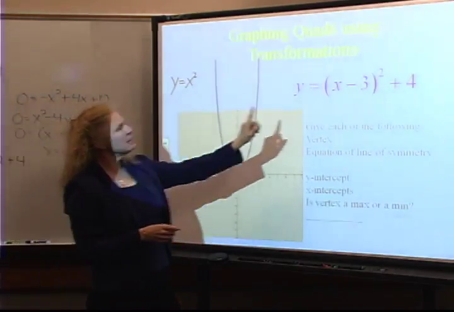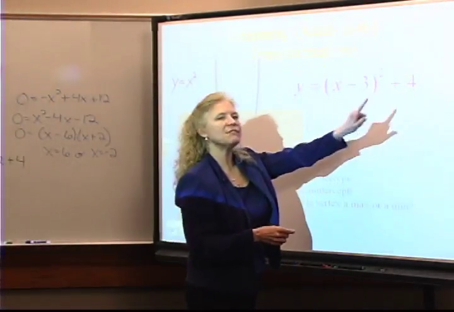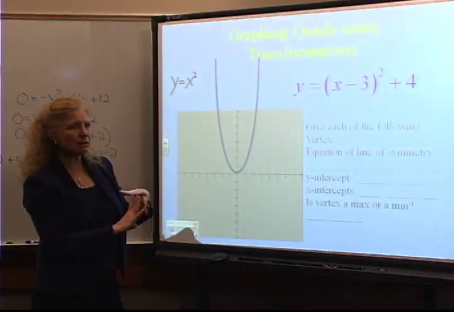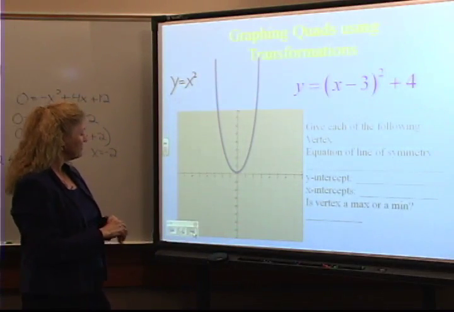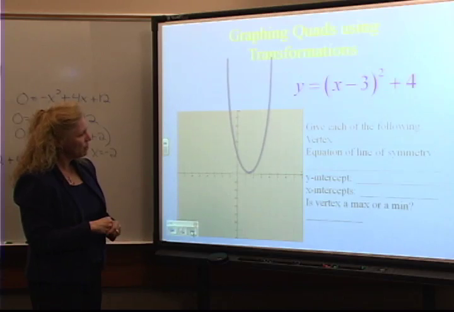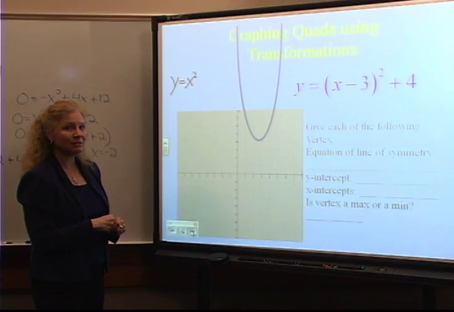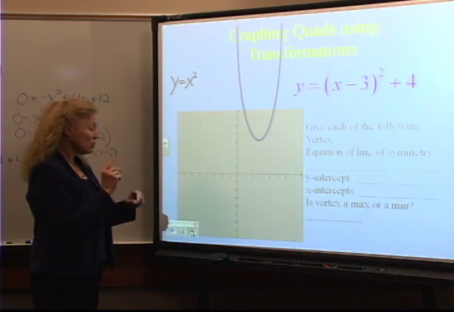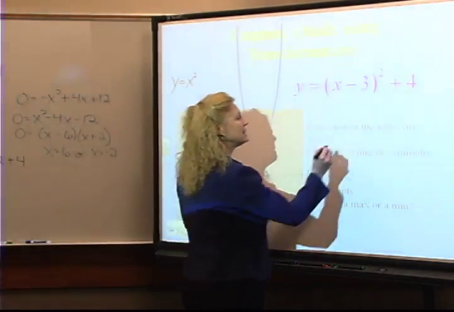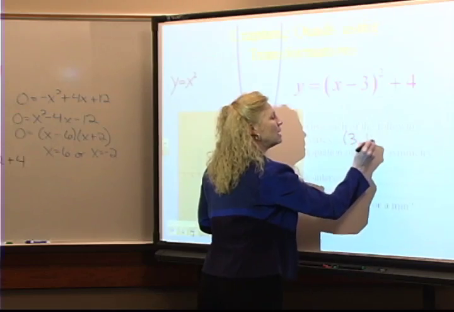Now, because of this 3 and this 4, the C and D in the equation, he would actually move 3 right and up 4. So the vertex is sitting at 3, 4.